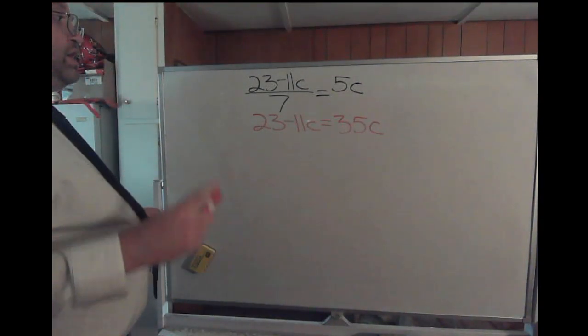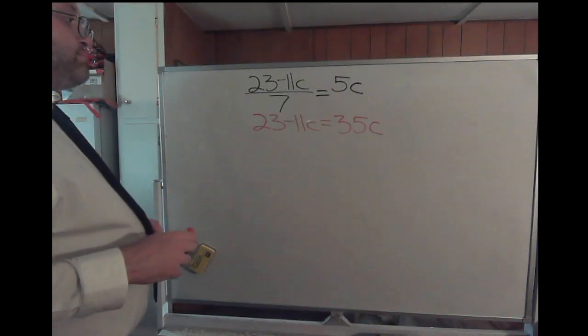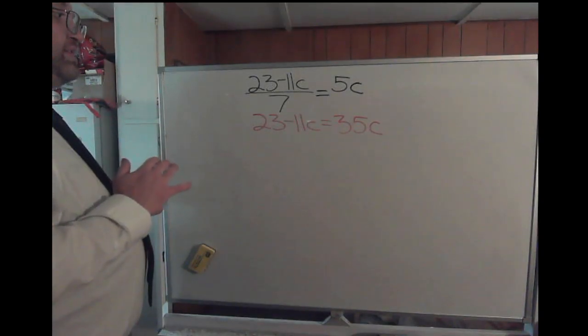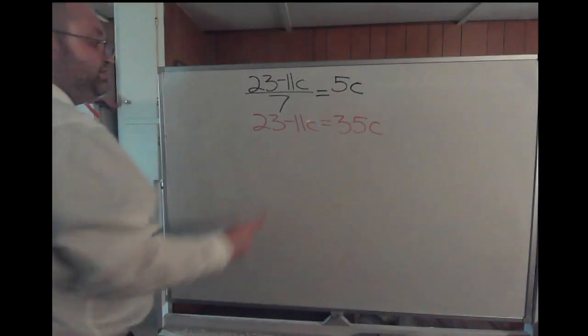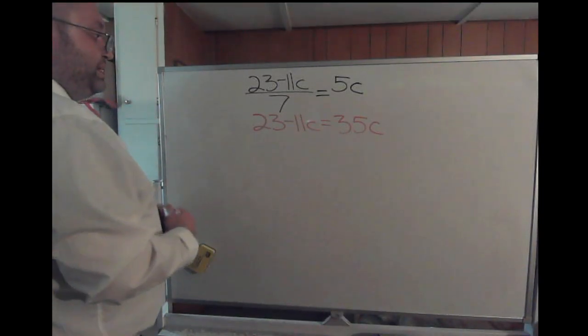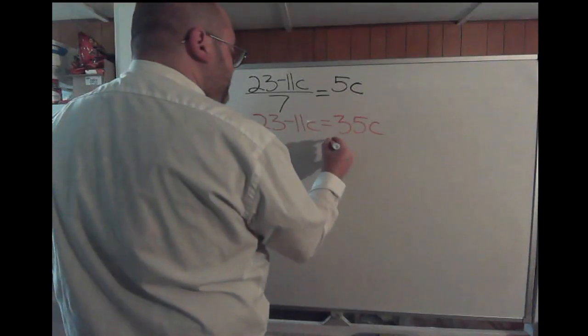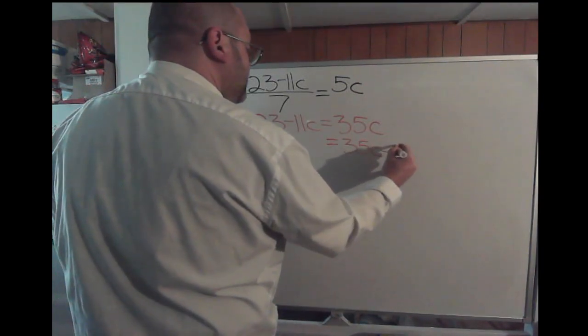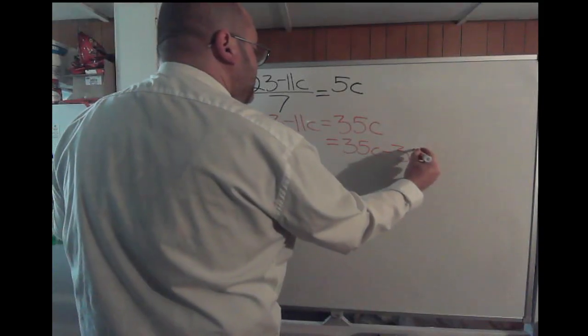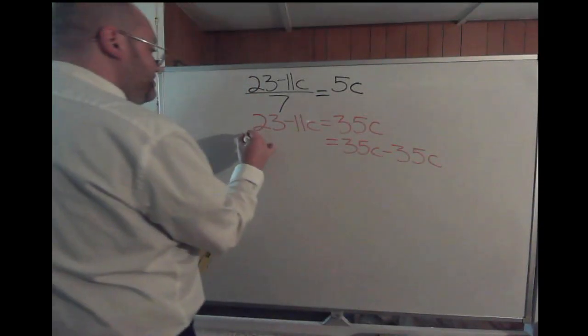Okay, well, it's safe to say that we want to get rid of the variable from the right-hand side, move it to the left. So that means on the right side, we've got to subtract 35c from 35c. But what you do to one side, you've got to do to the other. You also have to do it to the left side.